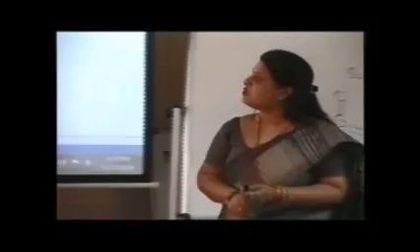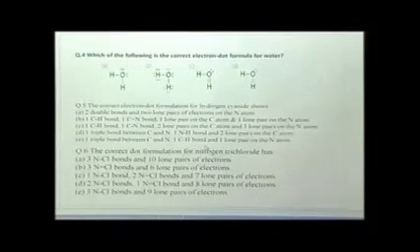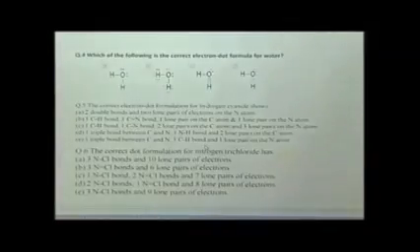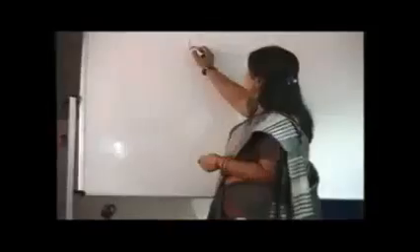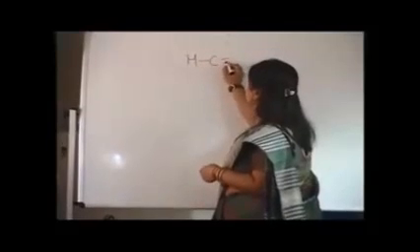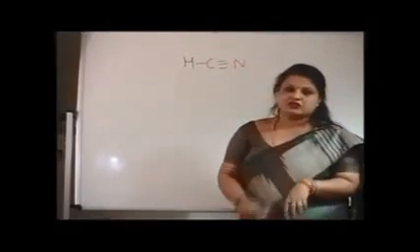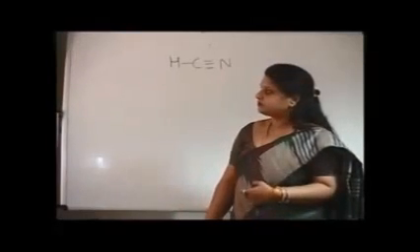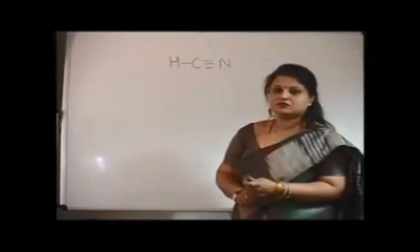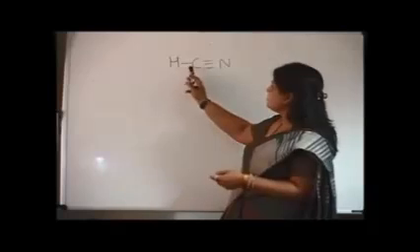Then the next question we have is for hydrogen cyanide. Can you just quickly try for hydrogen cyanide? HCN. H, single bond C, triple bond N. So how many single bonds do you have?